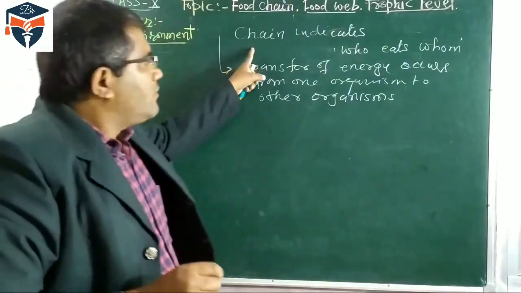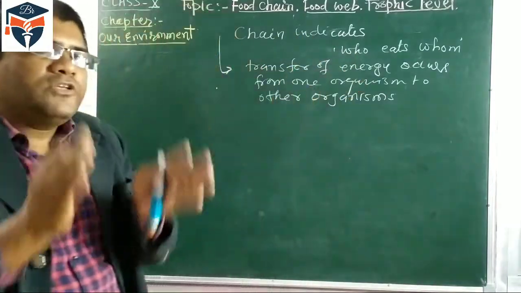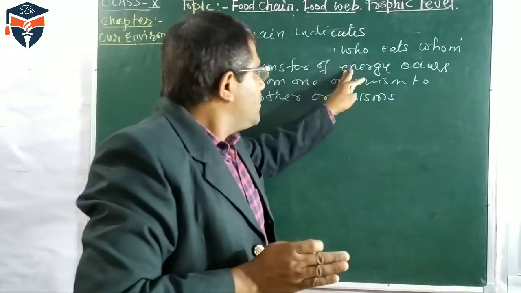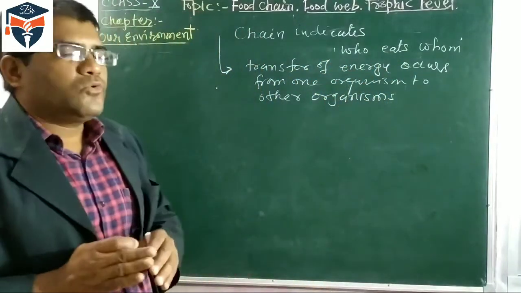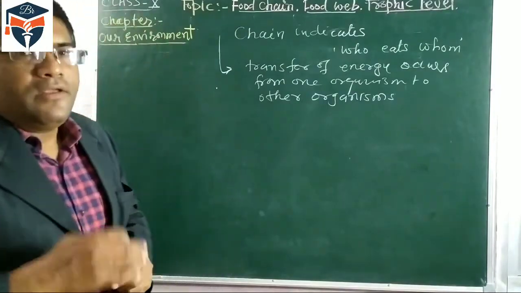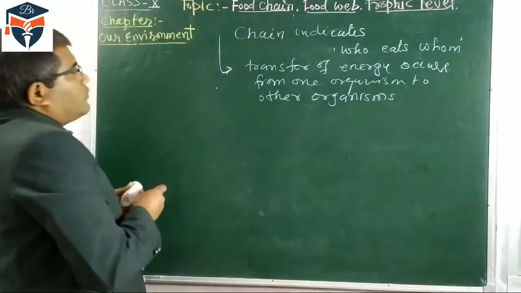It is a chain which indicates who eats whom, or the transfer of energy from one organism to another organism in the ecosystem or in trophic levels. We have to understand the food chain.